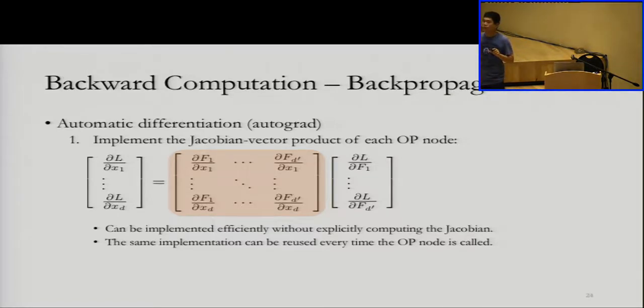the Jacobian vector product. And what this Jacobian vector product tells me is that, okay, if I know the gradient of the loss function up to my output, then how can I pass that information back to the previous node? What you need to do is multiply that vector, whatever you have received so far, with the Jacobian of the computational node itself.